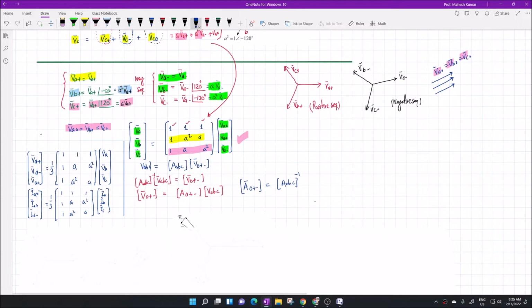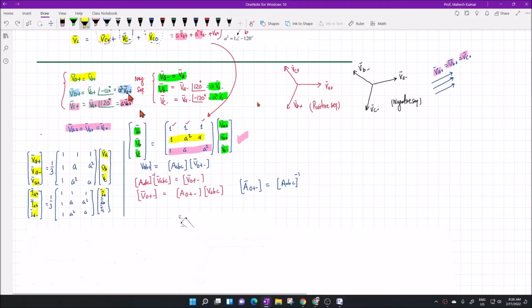So this is for voltage, this is for current, and this gives the sequence components in terms of the voltage. How is this achieved? By taking the inverse of this matrix. So let us denote this matrix as the A matrix, A ABC, which transforms sequence quantities to ABC quantities.